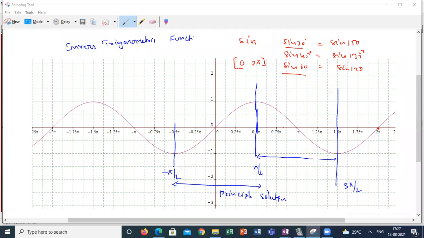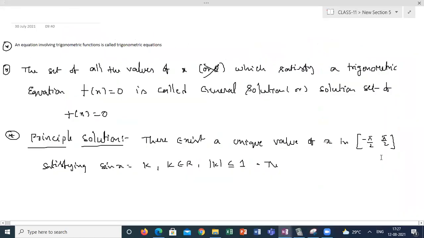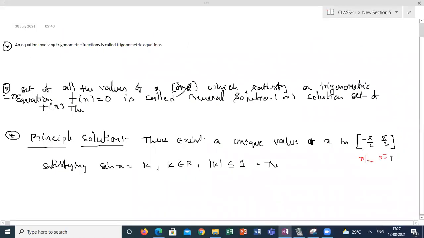There exists a value of x within this one. The next principal solution can be expressed within pi by 2 to 3 pi by 2, and another next principal solution 3 pi by 2 to 5 pi by 2. But for us, we are going to represent this as the prime.